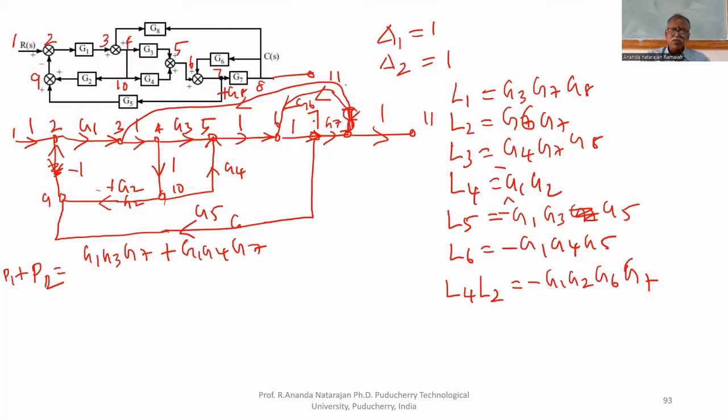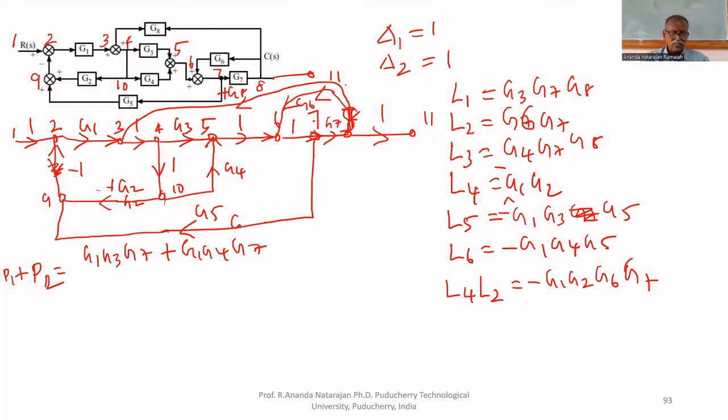So G1, G2 we got, G6, G7 we got, G3, G7, G8, yes, L1 we wrote. G4, G7, G8, G1, G3, G5.